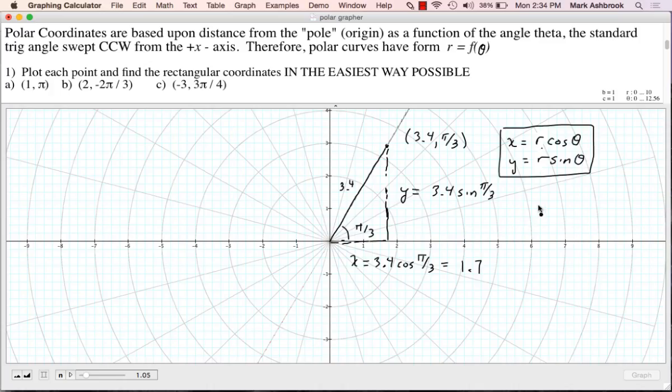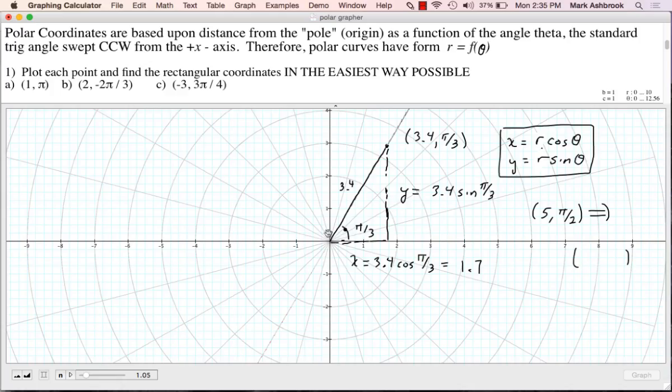So if I were looking at the point 5, comma, pi over 2, am I going to plug into these formulas? No, because I know where this point is. Where is it? On the y-axis, 5 up. What are the coordinates of that point?